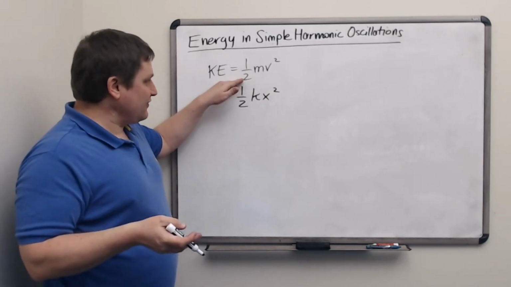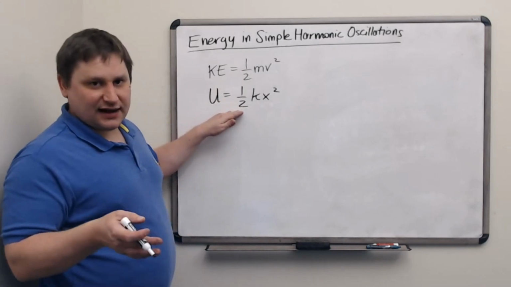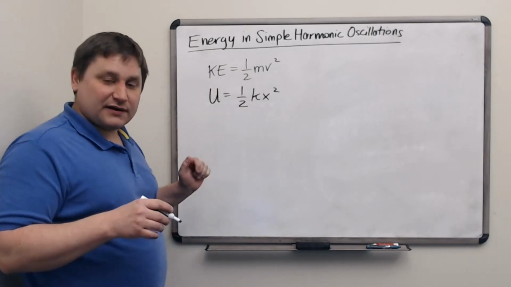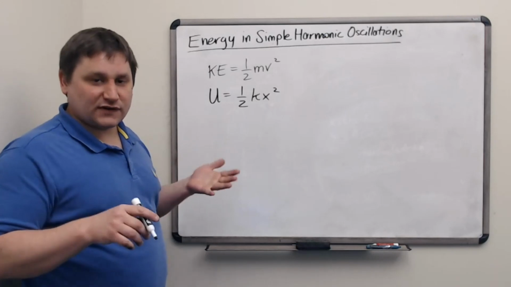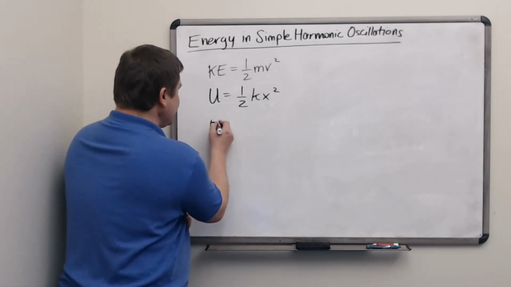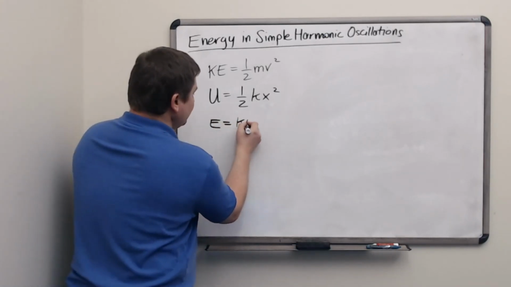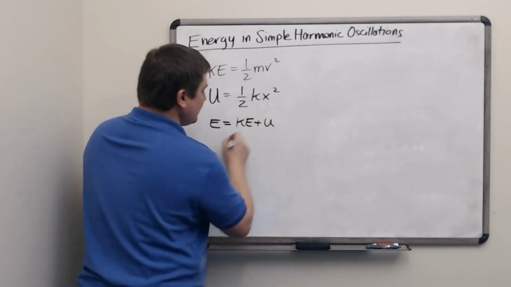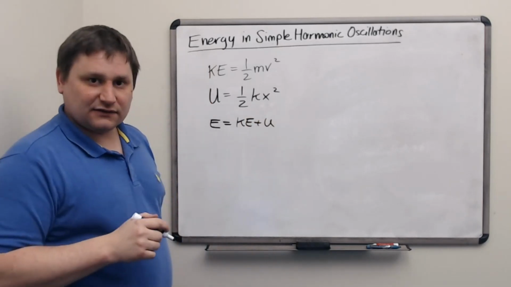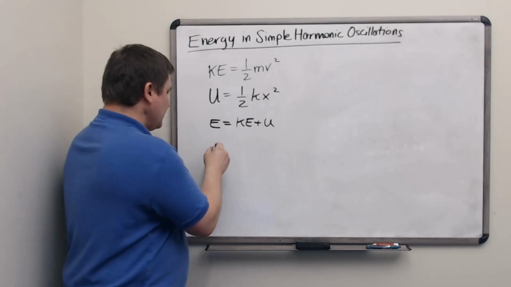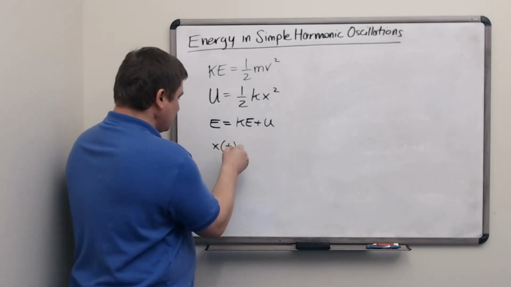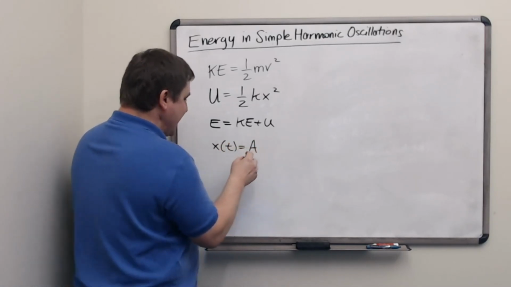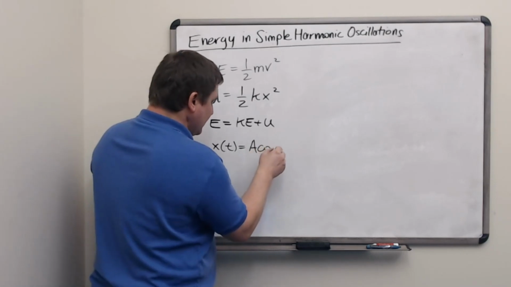So the kinetic energy and the potential energy are not constant, but their sum is, because the spring force is conservative. So E equals KE plus U will be a constant. Let's see how that works out in the mass on spring system.